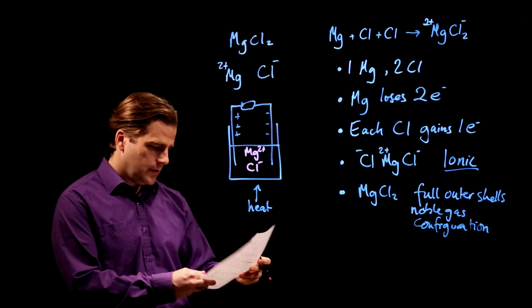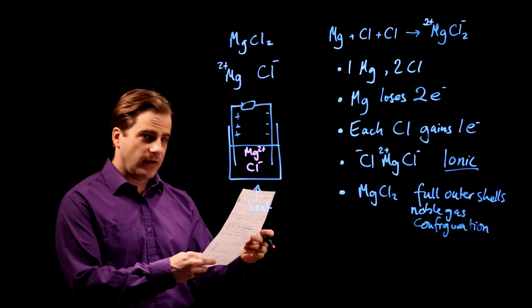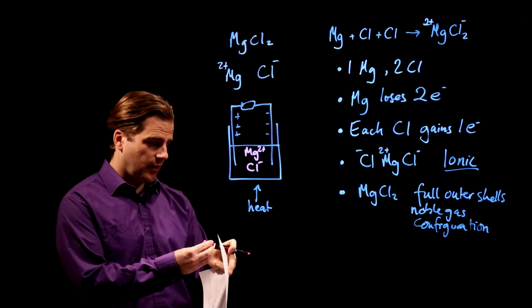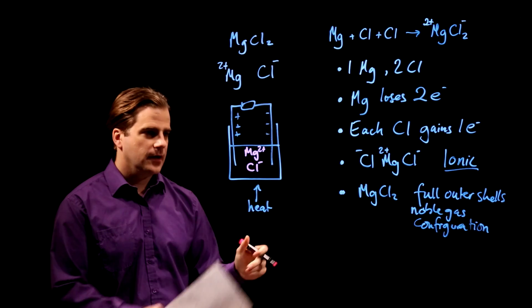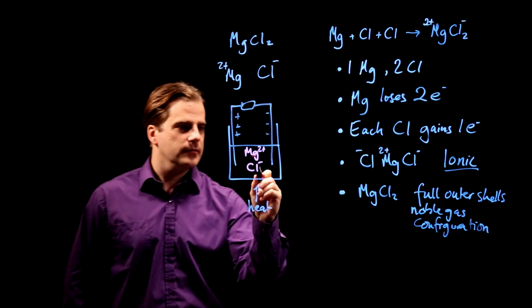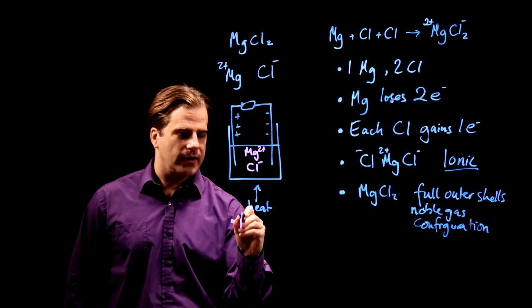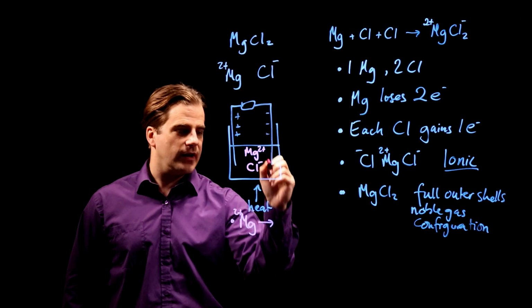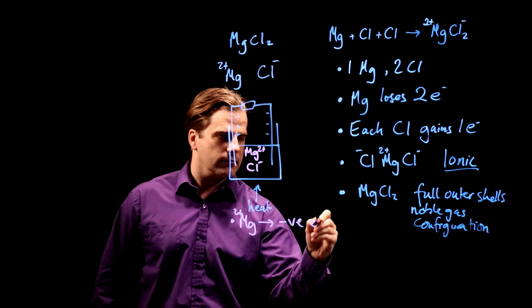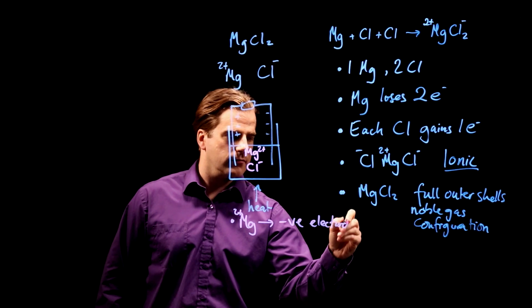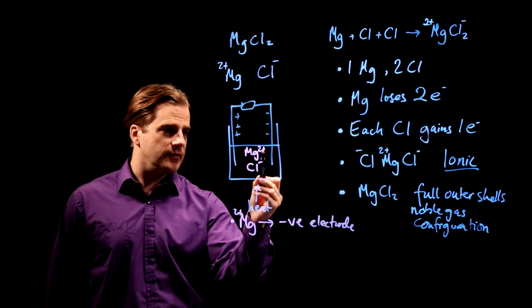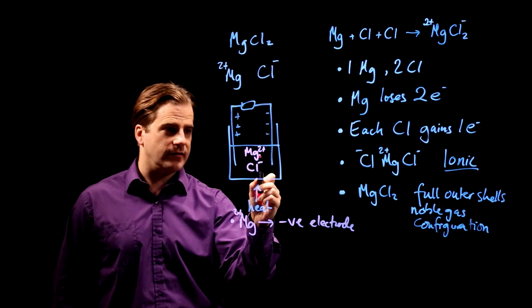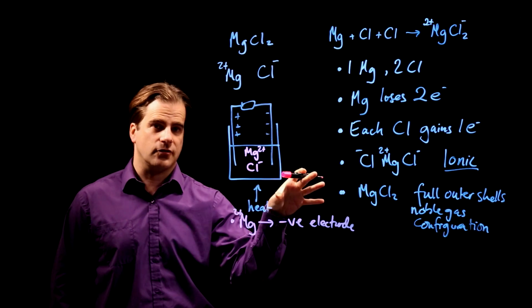Well, 3 marks. Okay, so you've got to be thorough. First thing to say is that the magnesium flows towards the negative electrode. Okay, magnesium is positive, negative electrode is negative, and that's why it's attracted toward it.